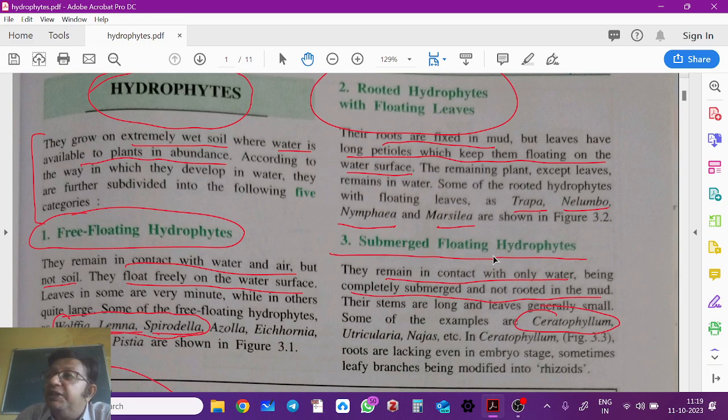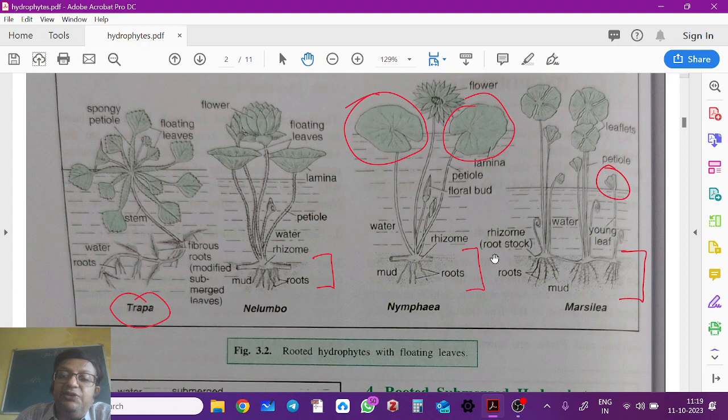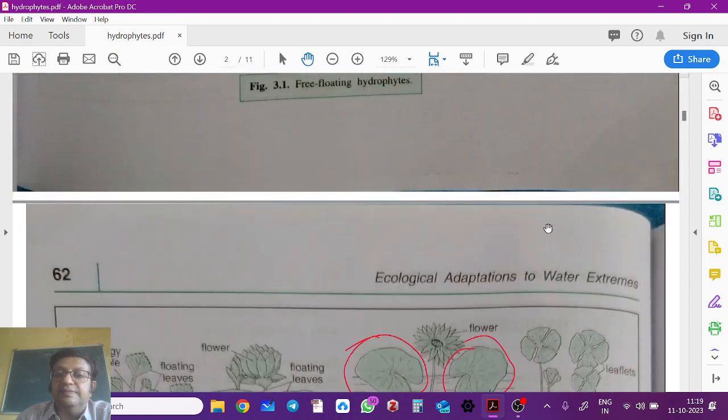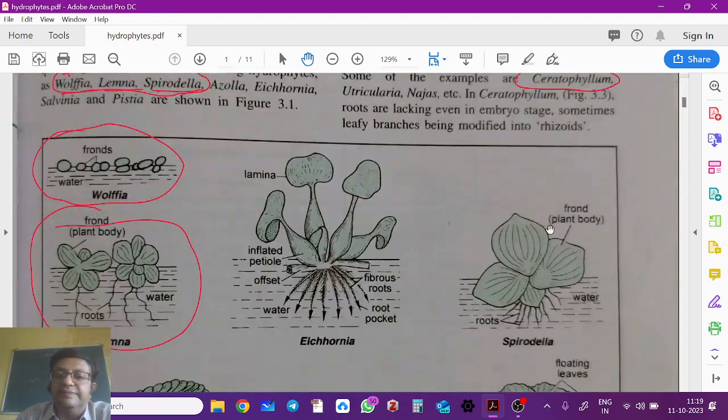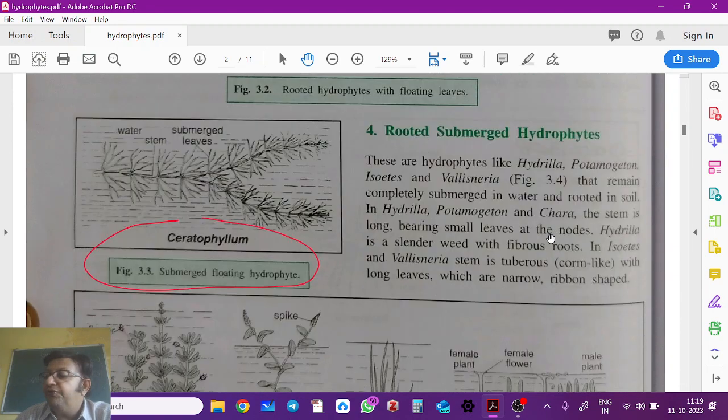Go to figure 3.3, picture of Ceratophyllum, submerged floating hydrophytes. Then the 4th one is rooted submerged hydrophytes.